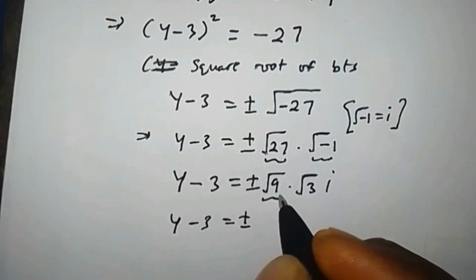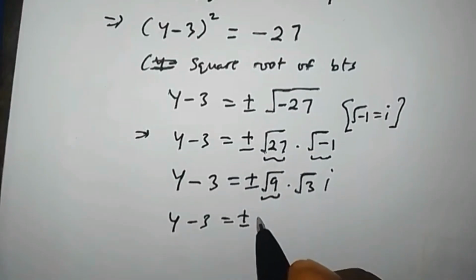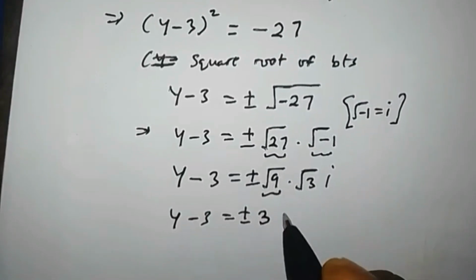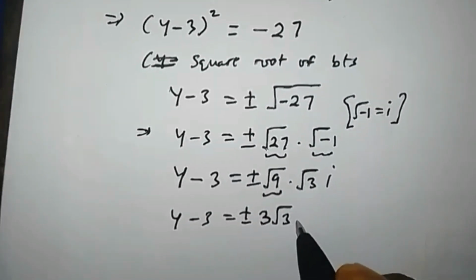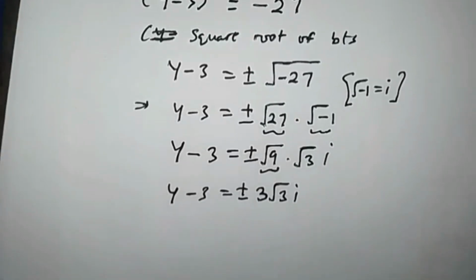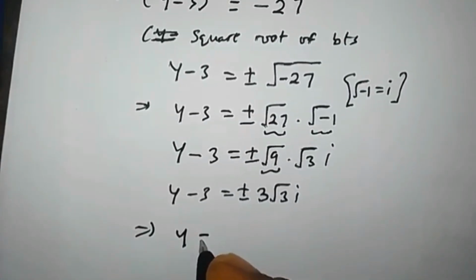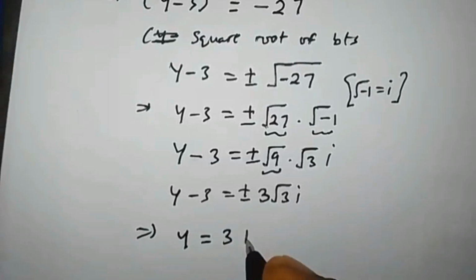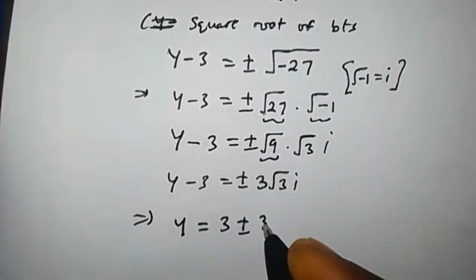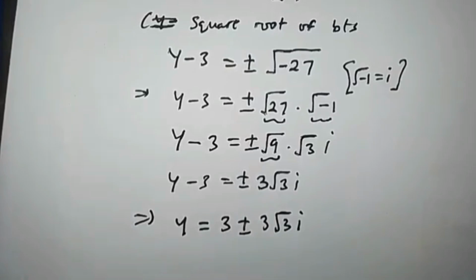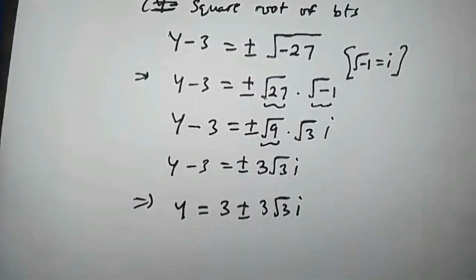y minus 3 equals plus or minus. What is square root of 9? That is simply 3, times square root of 3 i. This implies that y equals 3 plus or minus 3 root 3 i. This is the value of y.